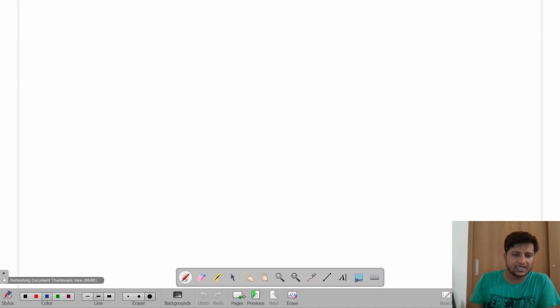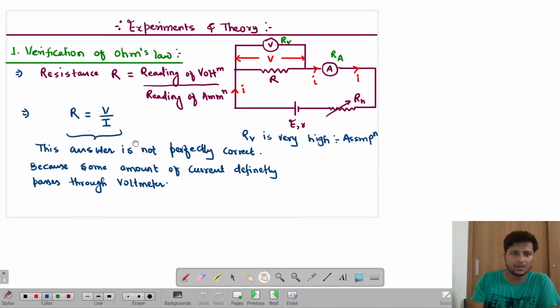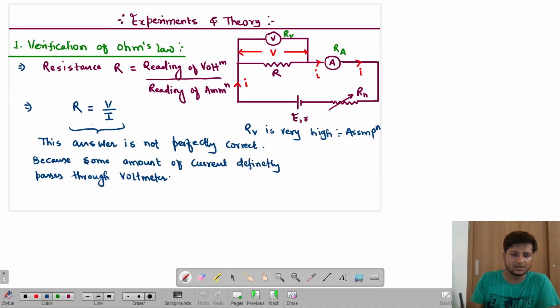So how to measure that error? Basically, what is the error over here? When I am considering that RV is present over here, then I need to consider R equivalent.